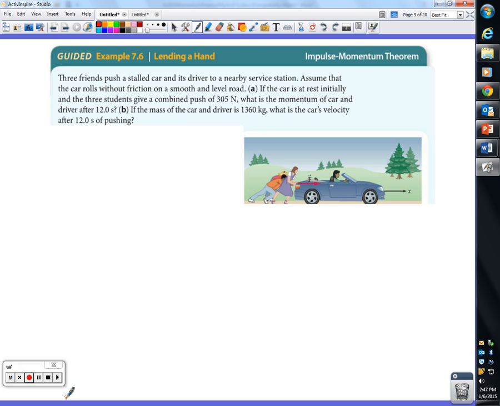So we start off with what this question is asking us for, right? First, what is the momentum? And the fact that after shows up means which momentum do we want to solve for? Whatever after shows up in our description, that's telling us that we're looking for the final something. Okay?